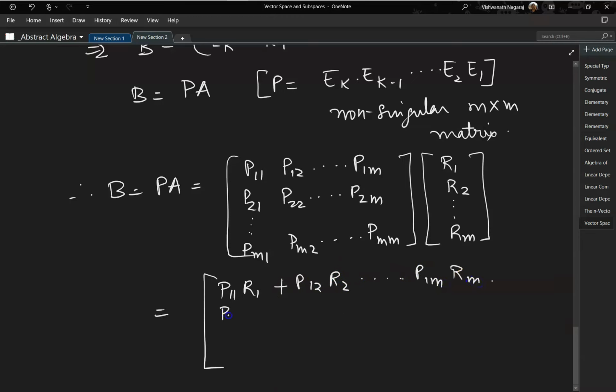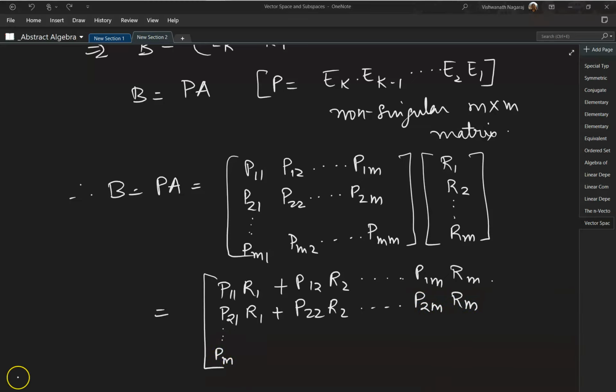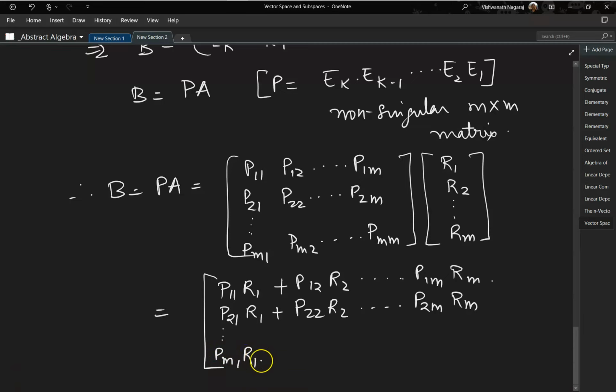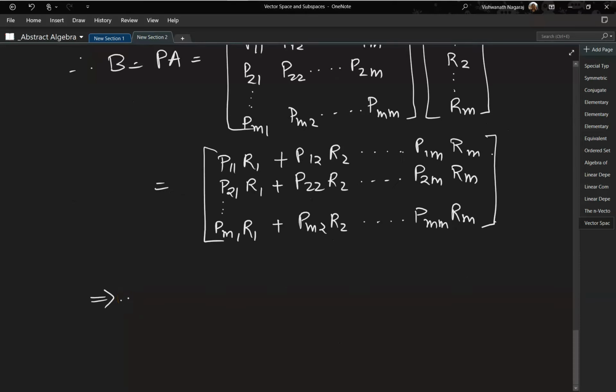Then we have P21 R1 plus P22 R2 and so on up to P2m Rm, and this would go on till Pm1 R1 plus Pm2 R2 and so on up to Pmm Rm.